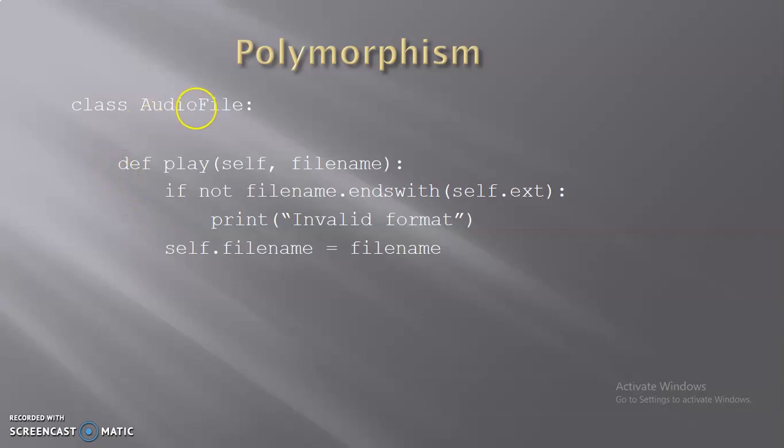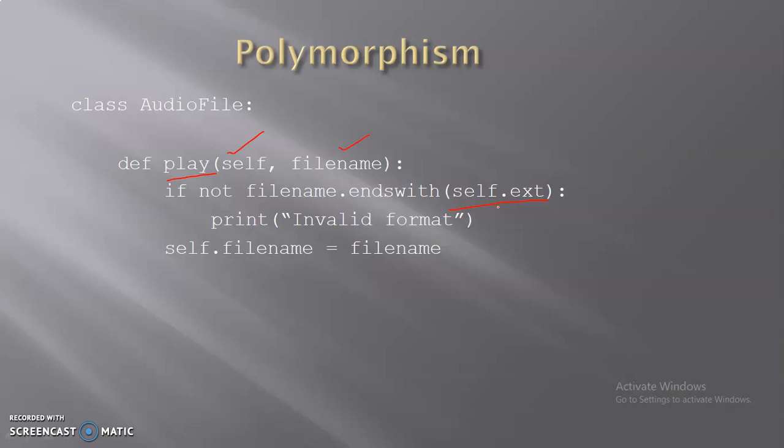Now we create the base class audio file and define the play method with self and a default parameter file name. If not file name dot ends with self dot extension. This variable we will create in the child classes, where we specify the extension for each type of audio file.